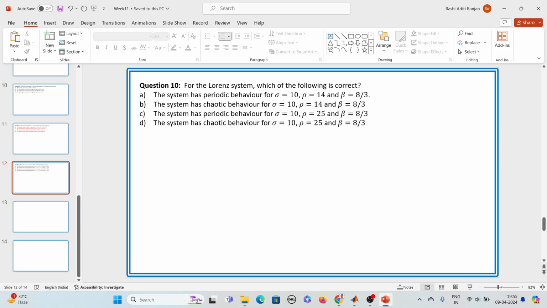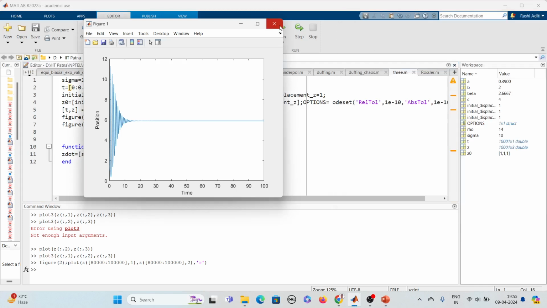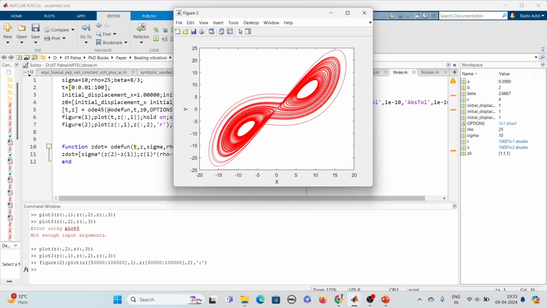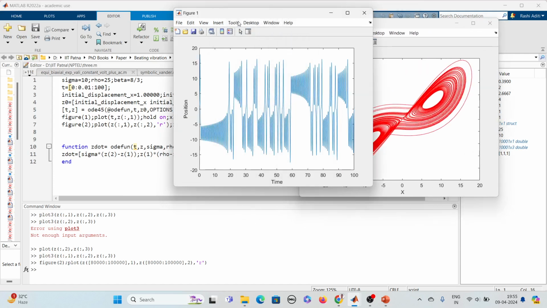Okay. Now the second value of the parameter is 25. Your rho is 25. So I'll just close it. Now you can see over here, now my response is chaotic.